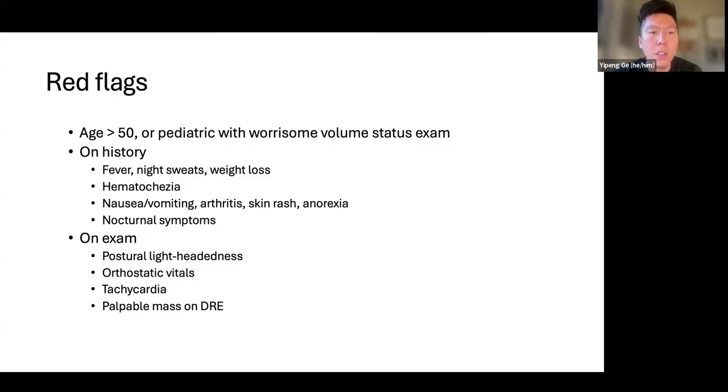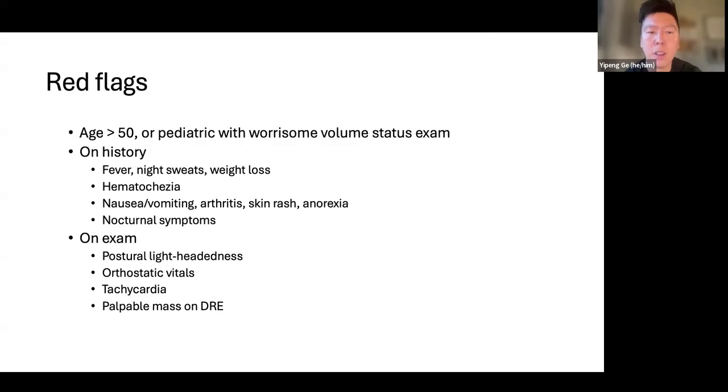On history, ensuring that we remember the constitutional symptoms to review, such as fever, night sweats, weight loss, that might hint at something more sinister, something more systemic going on. Hematochezia, so frank red blood in the stool. And I would probably also add digested blood, melena, so black tarry stool as well.